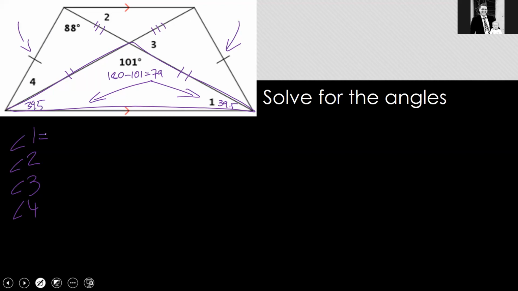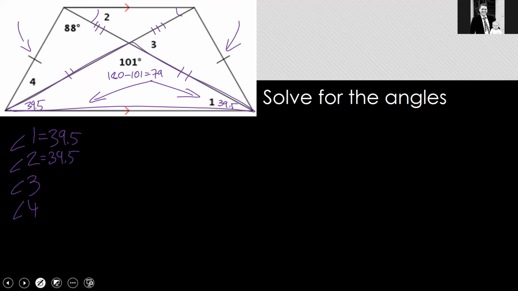So I know angle 1 is 39.5. We also talked about how these trapezoids were similar. The isosceles triangles within the isosceles trapezoid were similar. So angle 1 and angle 2 happen to be congruent. So I know that one is 39.5 as well.